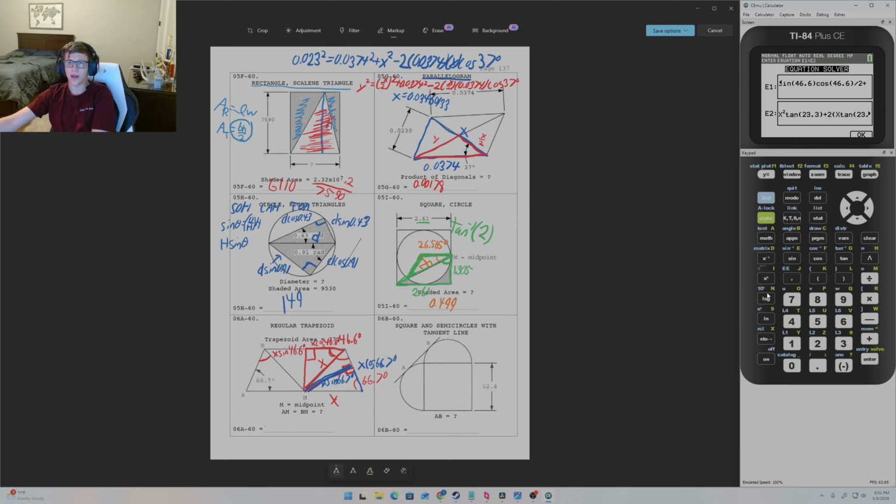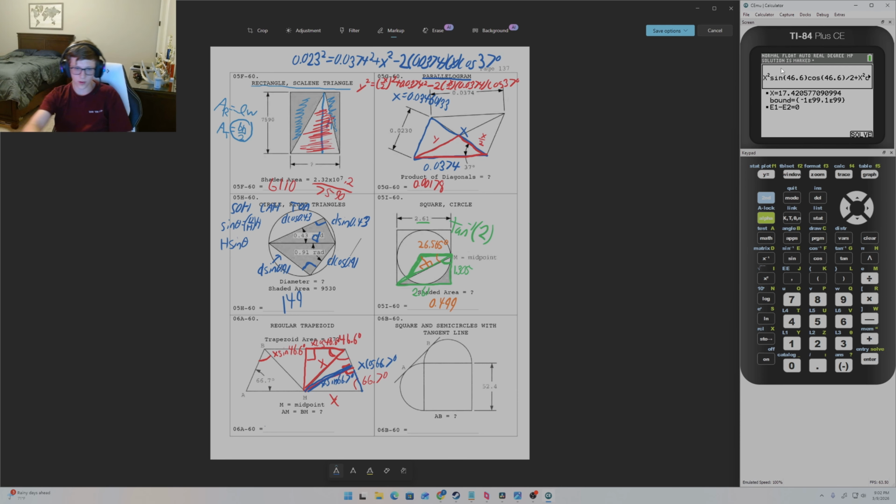That becomes x squared cosine of 66.7 sine of 66.7. And we set that equal to 372, because we're only looking at half the trapezoid. And we get x to be 17.4, which is our correct answer.